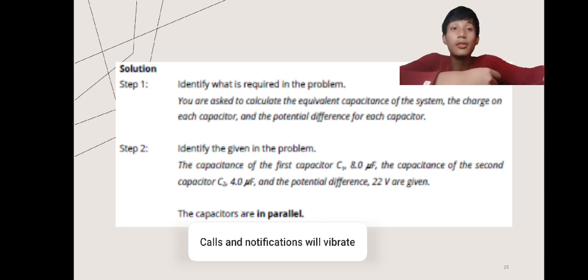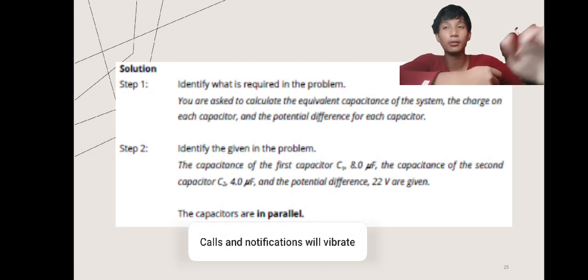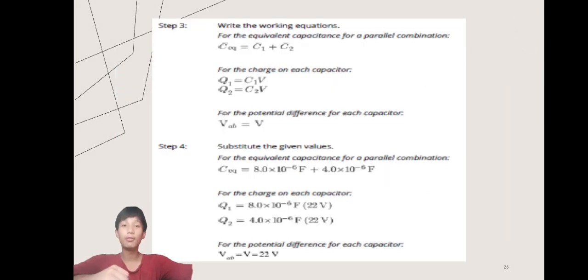And note that our capacitors are in parallel. Now for the third step, we are able to write the working equations. We have three equations. For the equivalent capacitance of a parallel combination, it is C1 plus C2. So we are not going to divide them by 1 like in series.